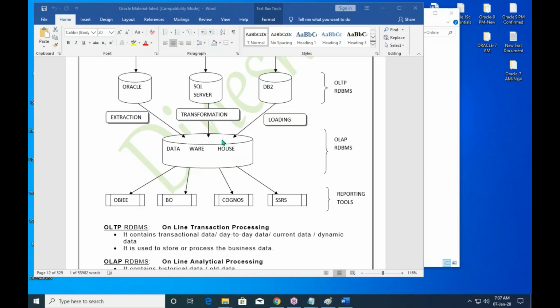See, if I have old data here under OLAP, for 2018, what is the business revenue? Revenue means how much amount is generated. Suppose in 2018, your business revenue is 25 lakhs. In 2019, your business revenue is 75 lakhs.